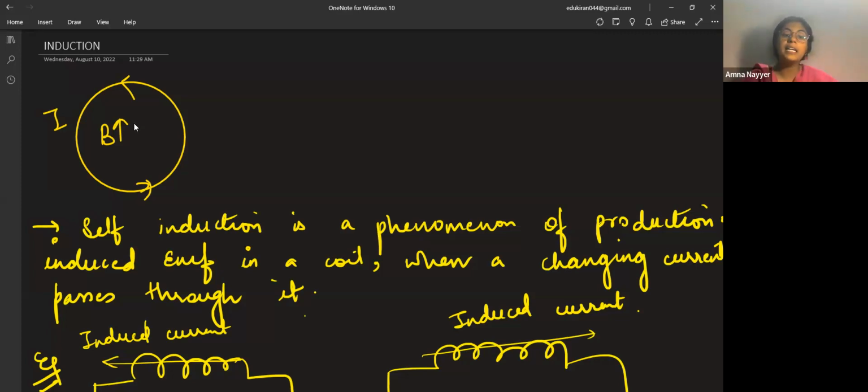Now, when the magnetic field starts increasing, which quantity will increase? Magnetic flux, because magnetic flux is basically the number of field lines flowing per unit area, right? So if magnetic field lines are increasing, it means your flux within the coil is also increasing.